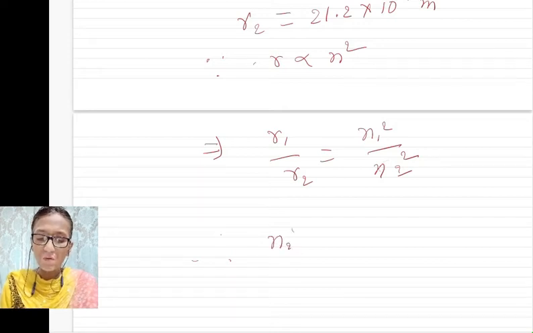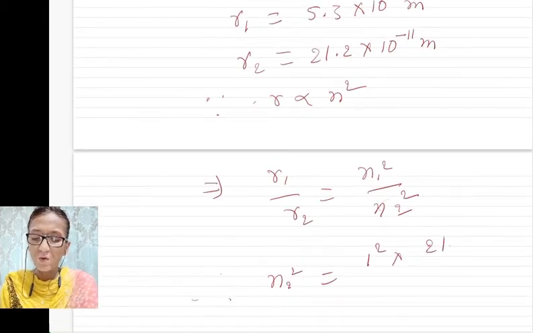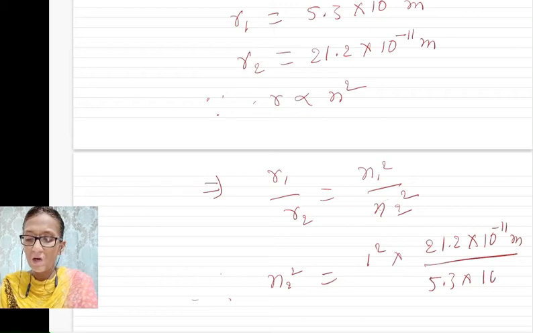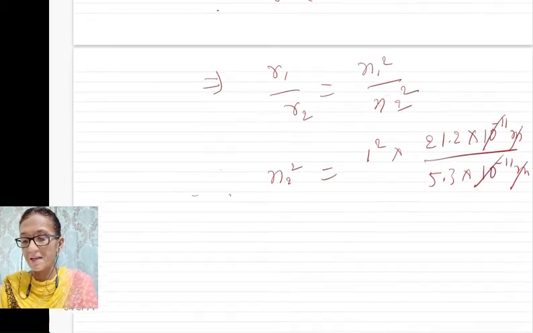Therefore, you can find n2 square. Here n is 1, so 1 square into R2 is your 21.2 into 10 to the power minus 11 meter divided by 5.3 into 10 to the power minus 11 meter.